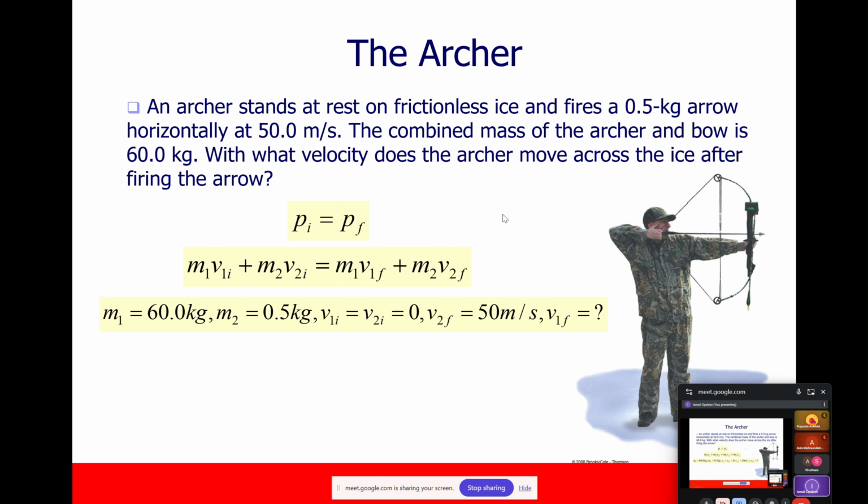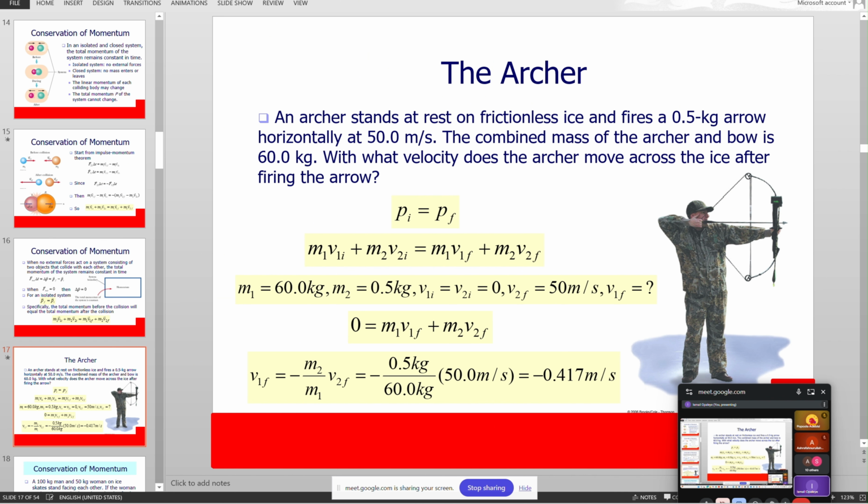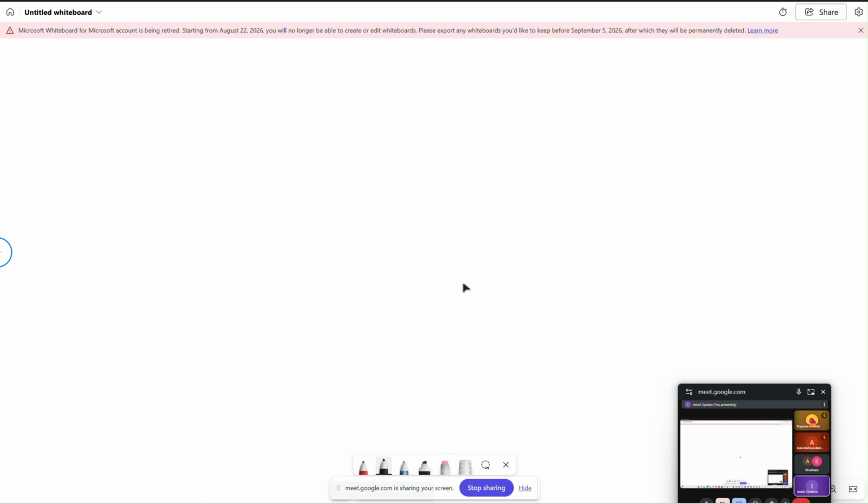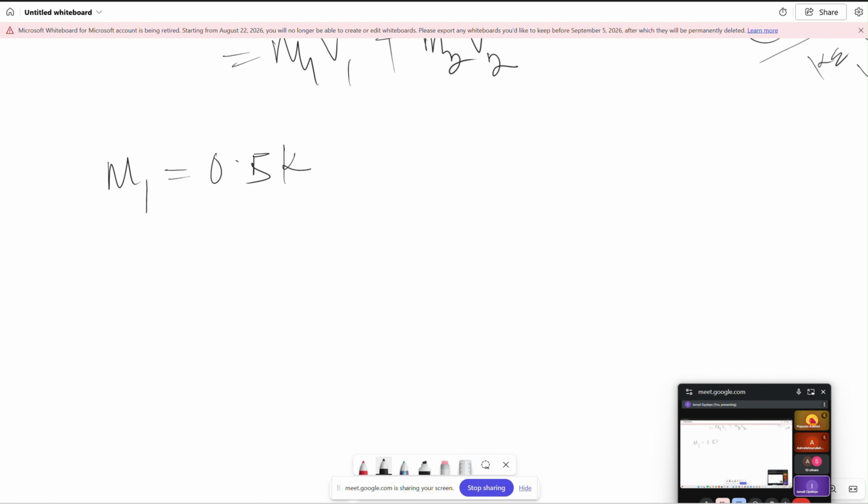Let me try to solve again. Let's show that on the whiteboard. Suppose you are the one that wants to solve now. Because you are meeting the 0.5 kilogram first, you may decide to call it mass 1. Are we together? Since they've mentioned that they were both at rest before, the initial velocity u1 of the arrow is 0.